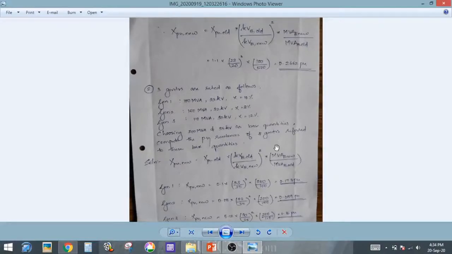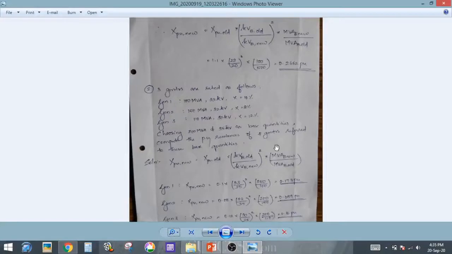That means in the first case X_PU old into KV_B old, that is generator 1 voltage value 33, divided by KV_B new, that is the new base value, the base quantity value. Choosing 200 MVA and 35 kV as the base quantity, the new value of MVA and new value of voltage are 200 MVA and 35 kV respectively.